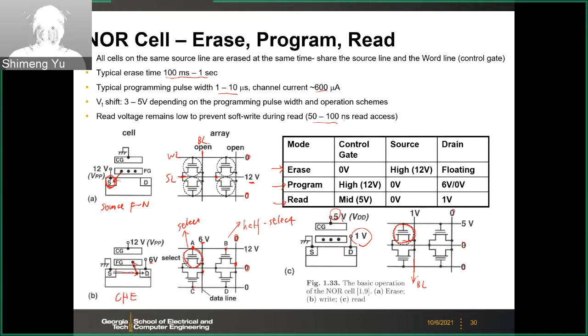You need to care about the voltage you apply to both selected and unselected cells, because NOR flash is a random access memory. When you program and read, you can locate an individual cell and read it out. But when you erase, you may still have to erase the whole subarray, where the source line is shared between those cells.